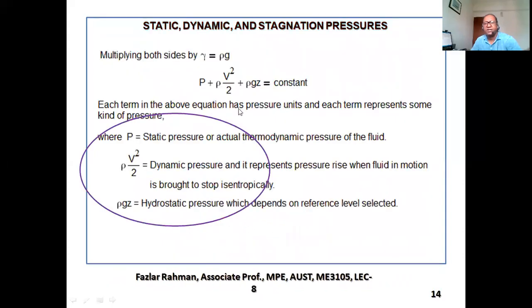If you just rearrange the equation, then rho into V square by 2G, this is called dynamic pressure, and this is called hydrostatic pressure, rho G Z. So if you make a summation of this one and this one, that is called the pressure line. And if you sum all three, that is called the energy line. And you see P and rho G Z, that is related to the pressure, that is called the hydraulic gradient line.